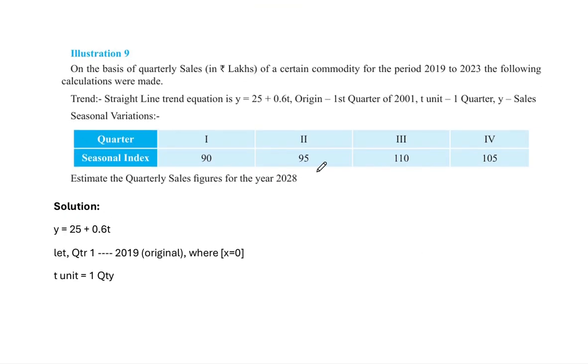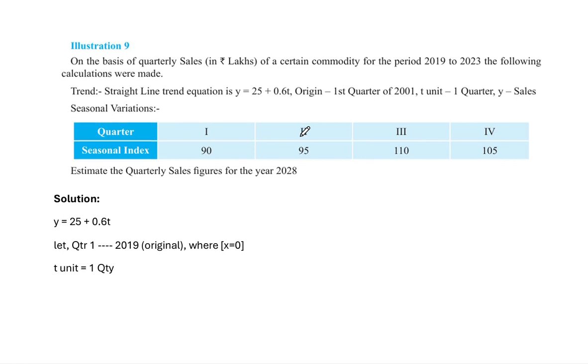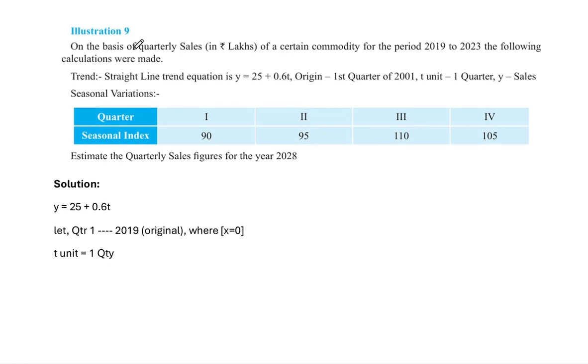Question number 9. This is a very important question, guys. This type of question has already come in the exam, so be careful. Now let's start step by step. On the basis of quarterly sales in lakhs of a certain commodity for the period of 2019 to 2023, the following calculations were made.